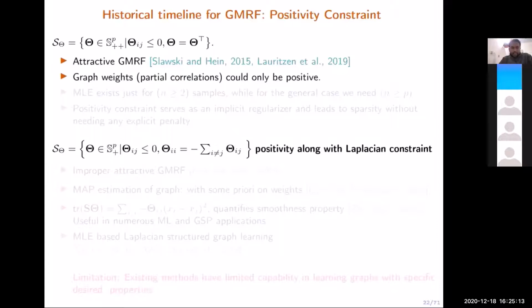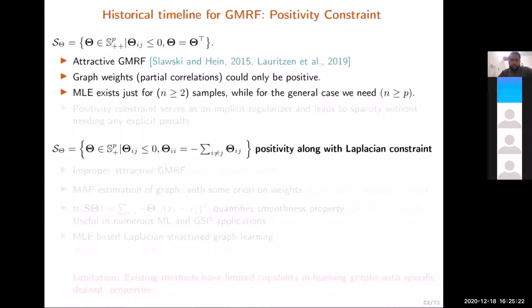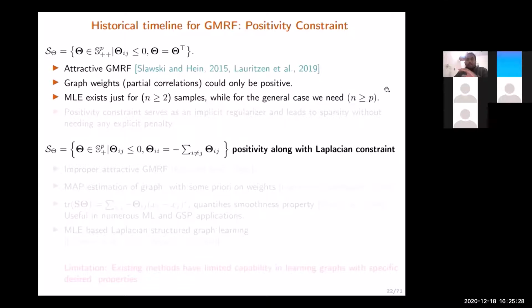The advantage is that in this model the MLE exists even for n greater than or equal to 2 samples. Earlier, in the unconstrained setting, the maximum likelihood estimate would only exist when the number of samples is greater than the number of dimensions. But under this setting, you only require two or more samples. This was a big jump in handling high dimensional data sets, and it is a very hit model in that sense.